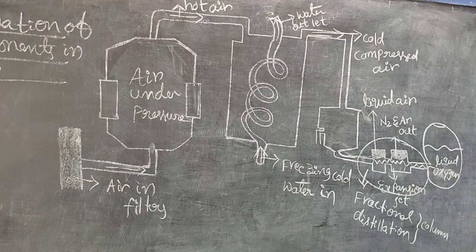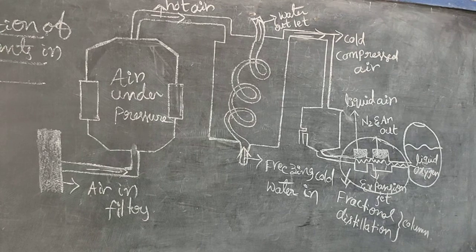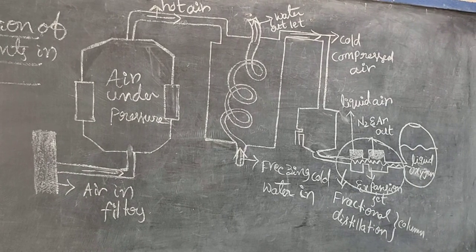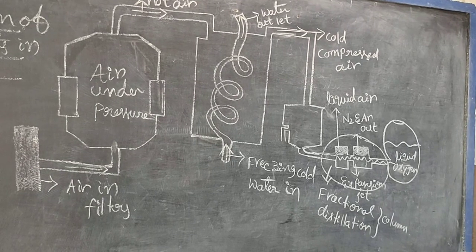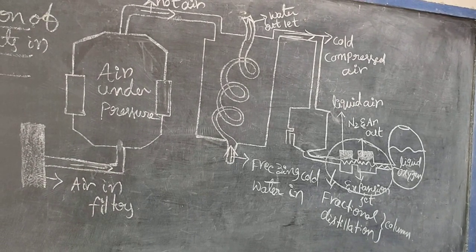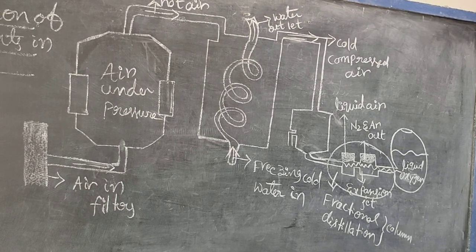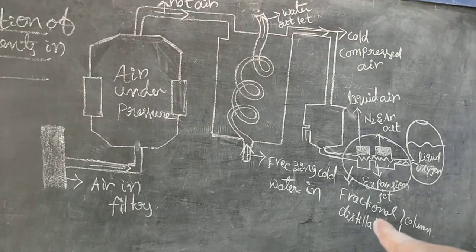The third part is where the cold compressed air enters the third column. The third column is the fractional distillation column. You observe the bottom of the diagram, that is the fractional distillation column.